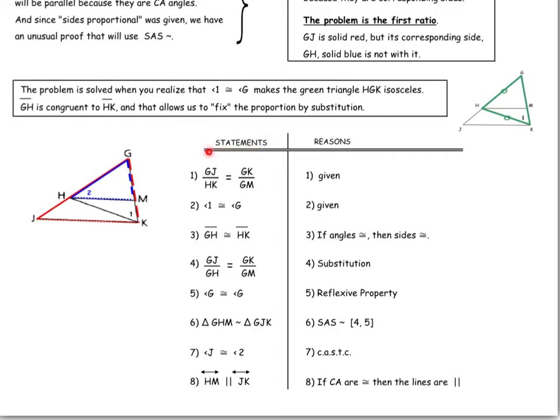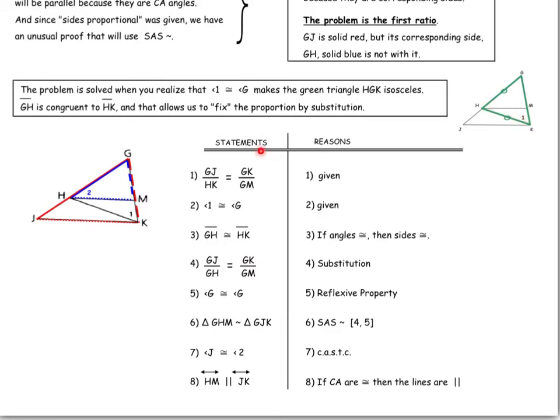We start out with the proportion that we were given. And now we mention that angle 1 is congruent to angle G, so that we can say that GH, which is over here, is congruent to HK, which is over here.